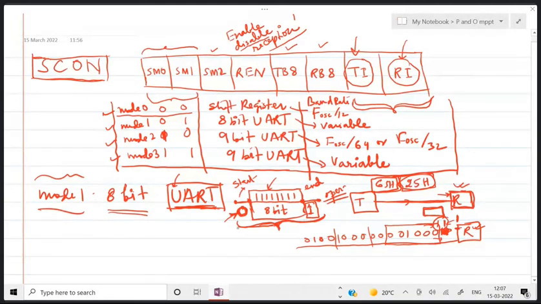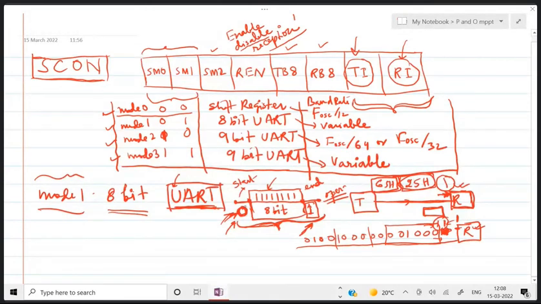so what is the significance of putting 0 here and what is the significance of putting 1 here? I told you that by default the receiving pin is high at the receiver. So whenever the first 0 comes, it tells the receiver that now the data will start coming.